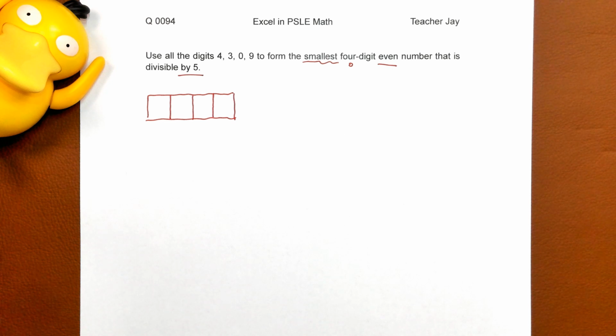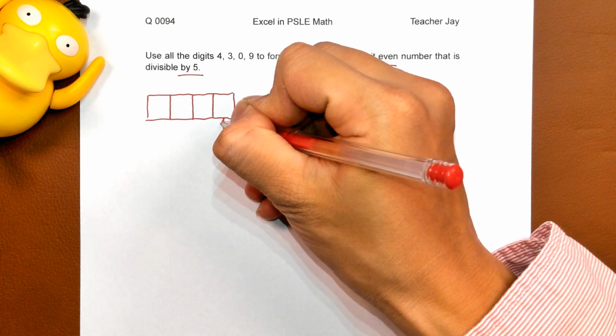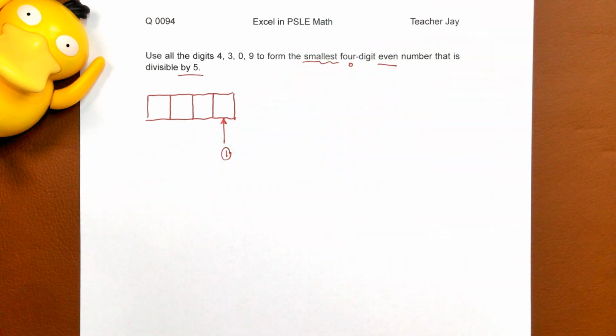Alright, and for all even numbers, the digit in the ones place must be 0, 2, 4, 6 or 8.